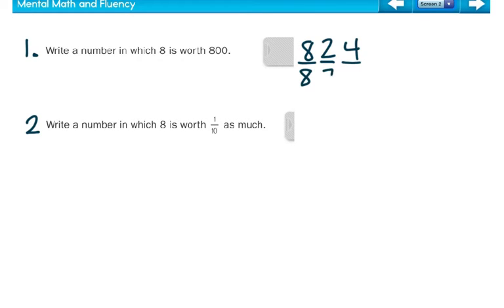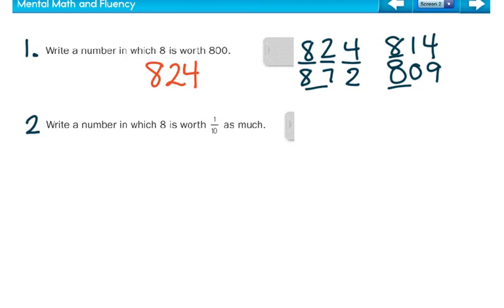824, 872, 814, 809. As long as there's an 8 in the hundreds. Now, let's go ahead and take 824. If I'm going to find a number that has 8 that is worth 1/10 as much, so think of it as dividing by 10, my 8 now is not going to be worth 100, but is going to be worth 10.